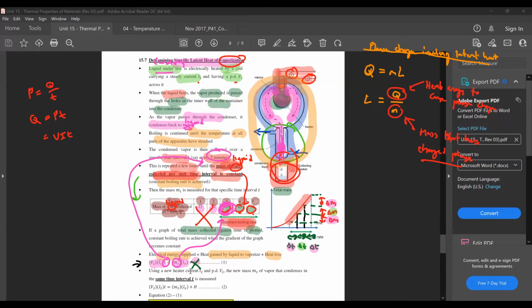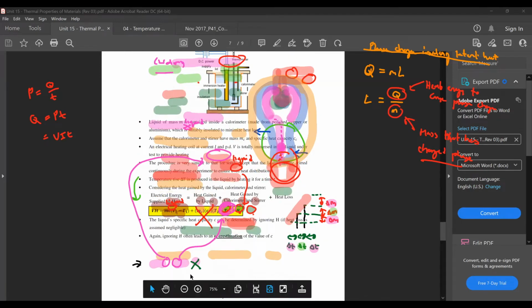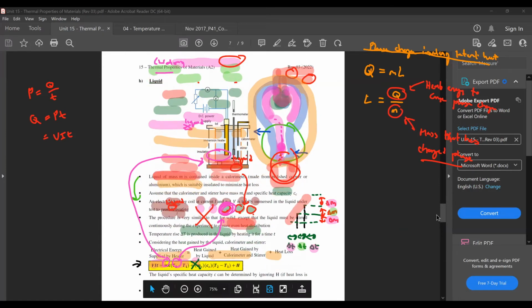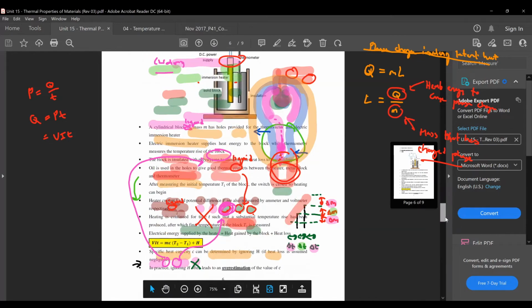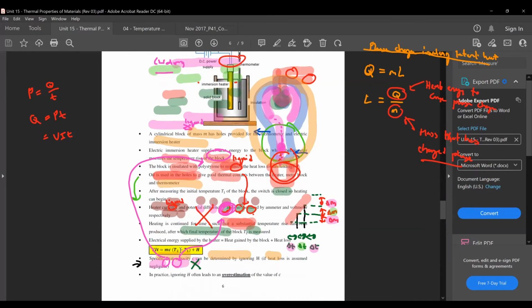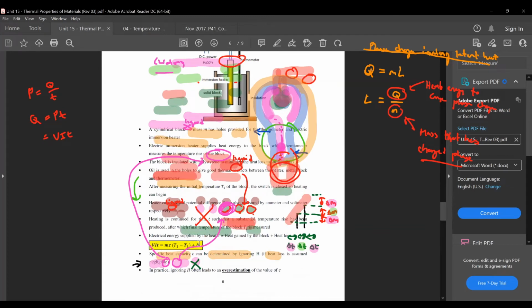You see this equation has some similarity to what we learned last week: VIT equals M C delta T plus H. In that case, it was mentioned that because your apparatus is very well insulated, the heat loss to the surroundings is so little that it's negligible, so you can ignore H and then work out C.